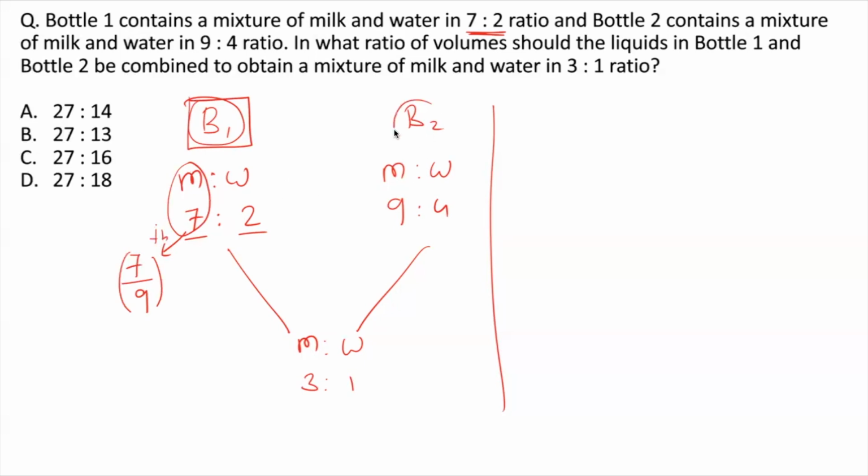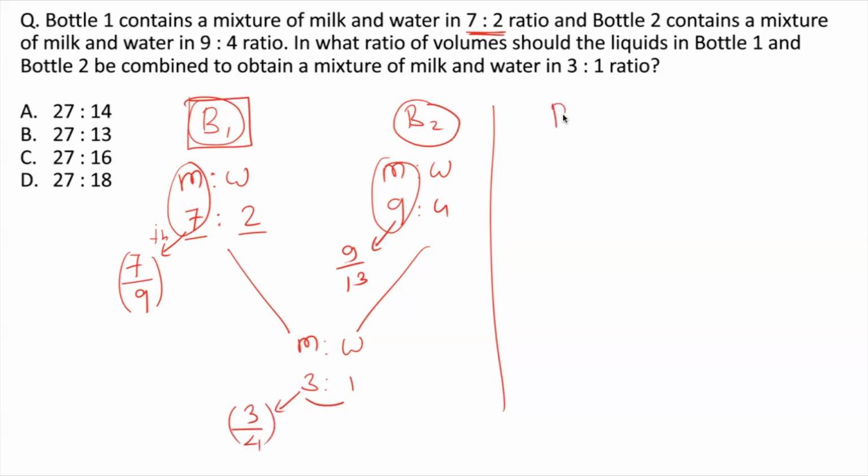Similarly, in bottle 2, the fraction of milk will be 9 divided by 9 plus 4, that is 13. And the final mixture that you want contains milk and water in the ratio 3:1. So what is the fraction of milk in the final solution? 3 out of 3 plus 1, 4, 3/4.